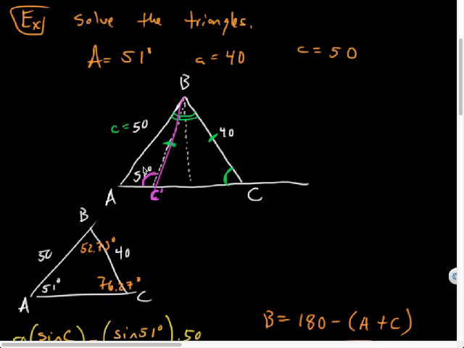It turns out, because this is 40 and this is 40, base angles theorem says that if you have two sides that are congruent, then the angles opposite those are congruent. So I'm looking at this isosceles triangle right here, even though it's not either of my two solutions. But I can realize that this angle right here, this green one, is going to be congruent to this angle here, because this was 40 and this was 40.